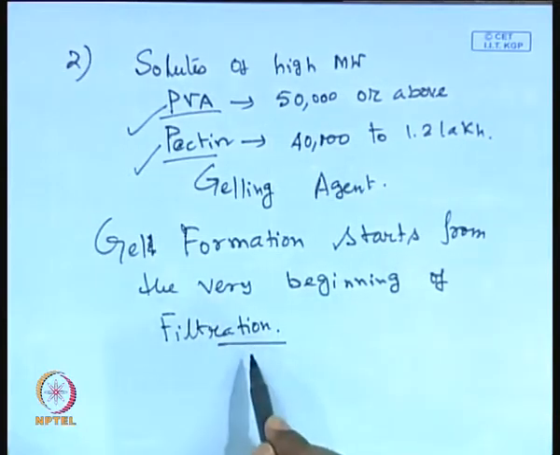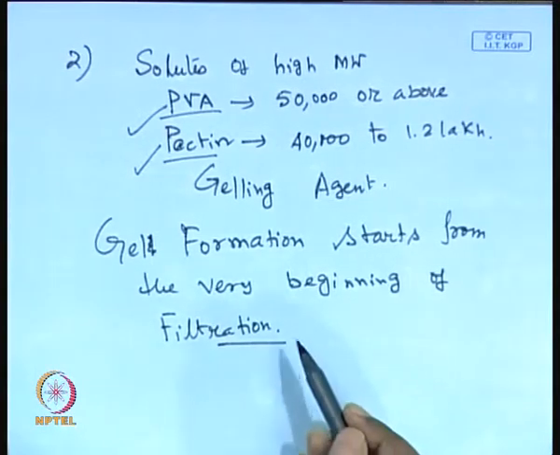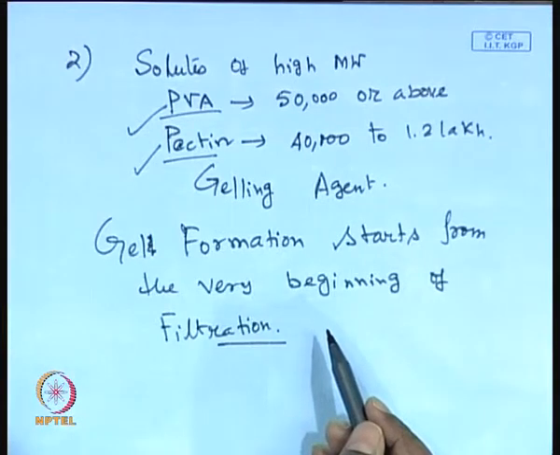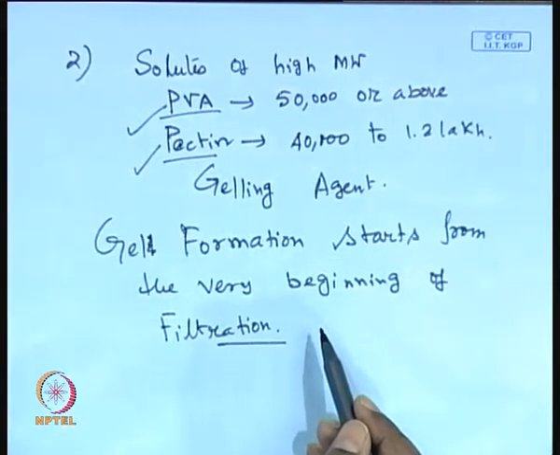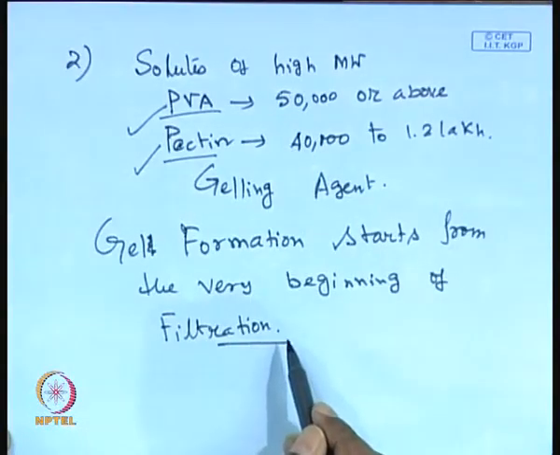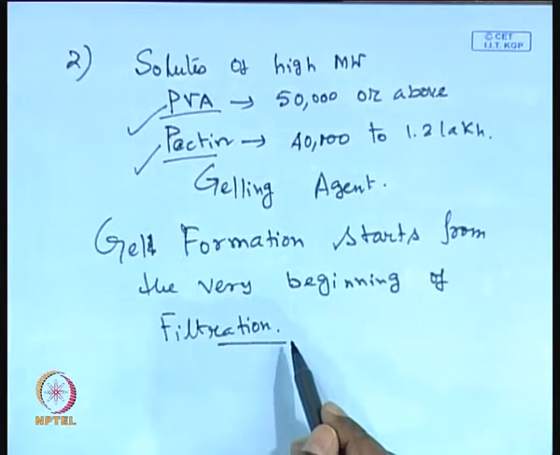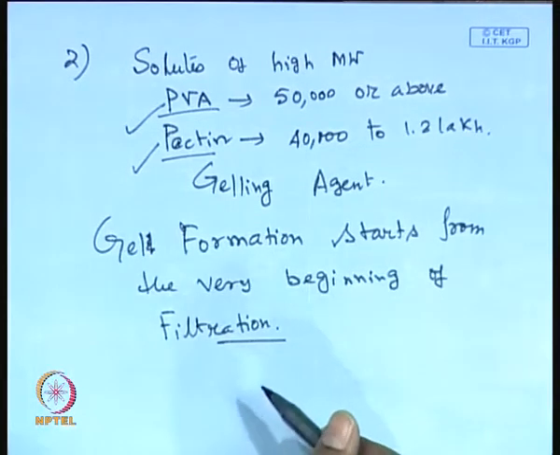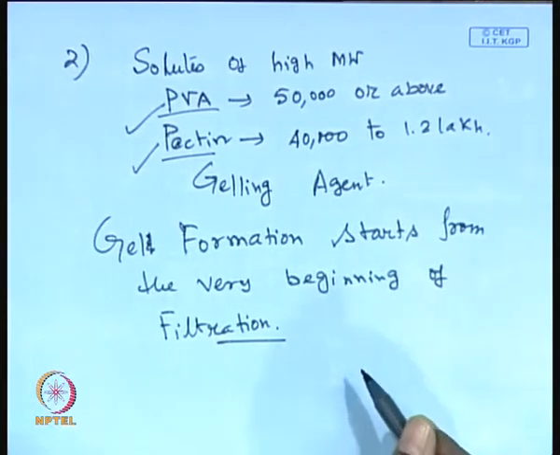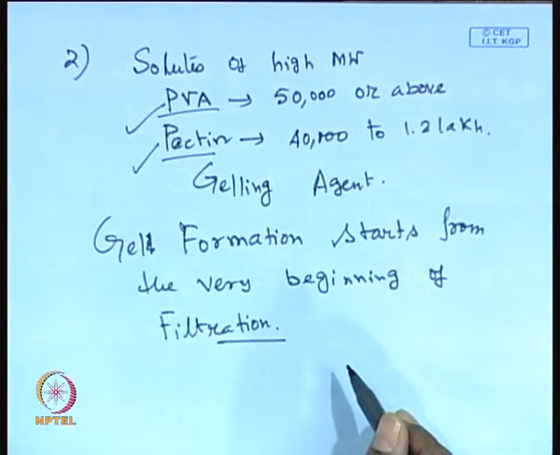The gel formation starts from the very beginning of filtration, and you cannot avoid that. In the earlier mechanism, we said that you can set your operating conditions such that the formation can be avoided, but in this case gel layer formation cannot be avoided, because the operation has to be done, since the juice has to be clarified. So, one has to be very careful and set the operating parameters such that the gel layer formation becomes minimum.